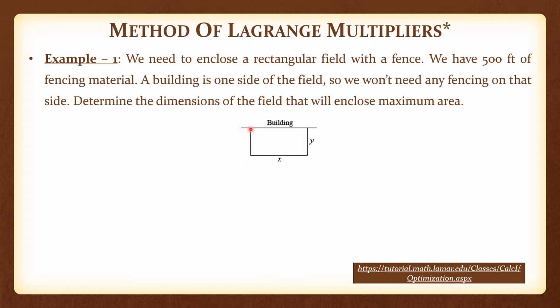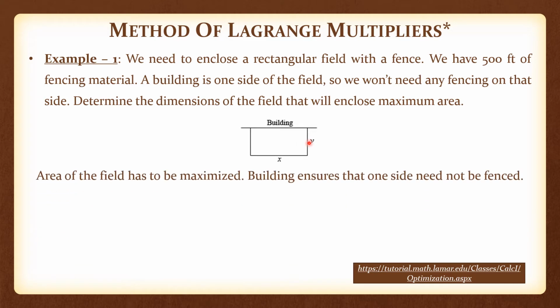If we call the vertical distance y, since it is rectangular this also is y, and the horizontal distance is x. We have to maximize this area. The area is x times y. The building ensures that one side is not fenced. So what is the function to maximize, and what is the constraint?